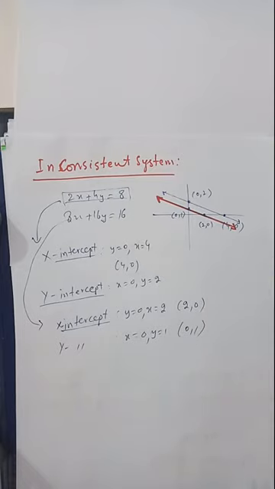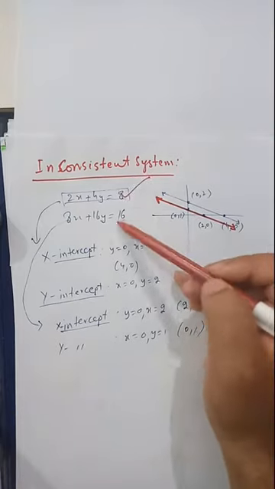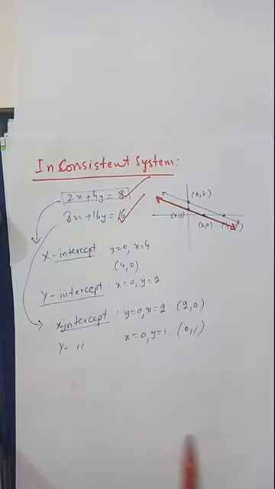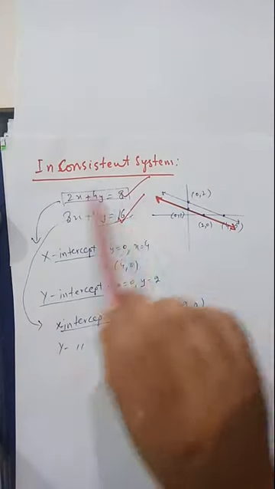If a point lies on both the lines, it satisfies both the equations, because every point on the graph is a solution of that equation. Here there is no point of intersection. These lines are parallel, so there is no solution for this system. You cannot find values of x and y which satisfy both equations. That's why this system has no solution.